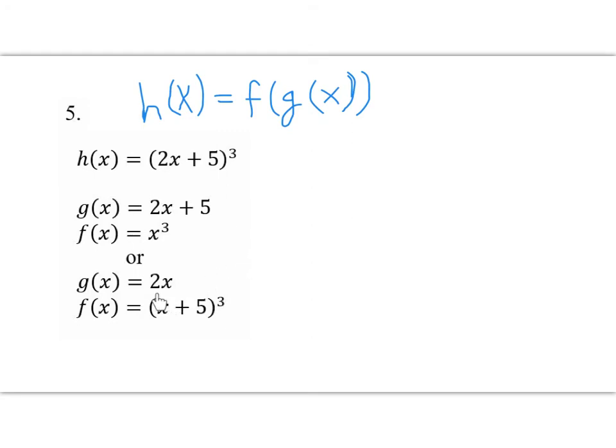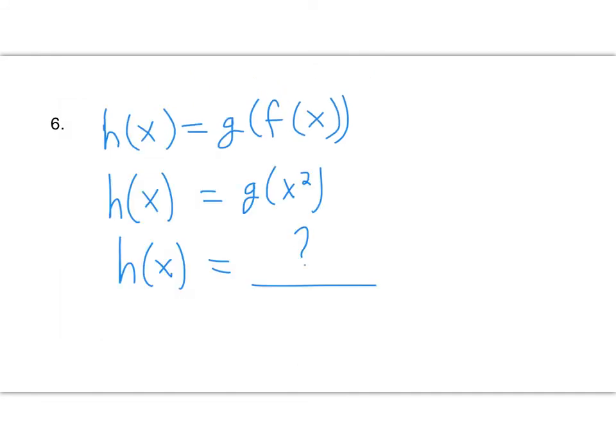If we let the inside function be 2x and then plug that into this function, you can see that you'd end up with just putting the 2x in place of the x, and you would still end up with h of x. So make sure you get at least one breakdown for f and g, and then if you can see another one, maybe you could write another one in the margin. All right, but at least one.